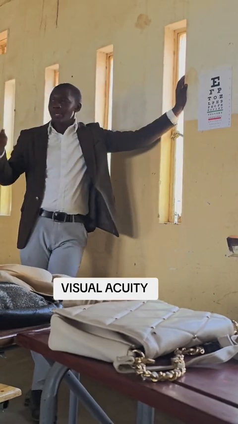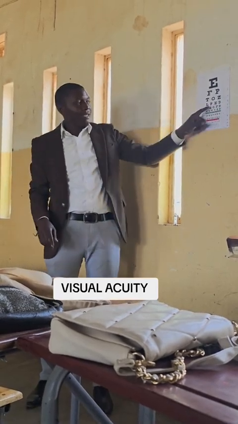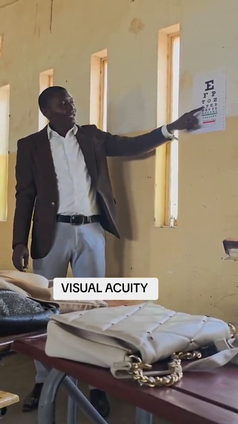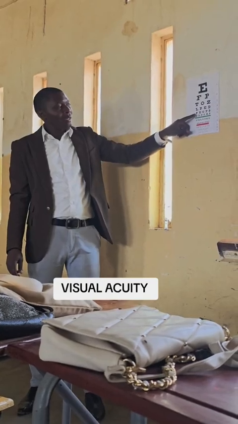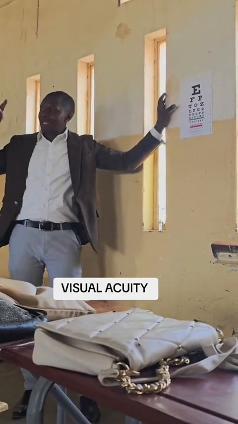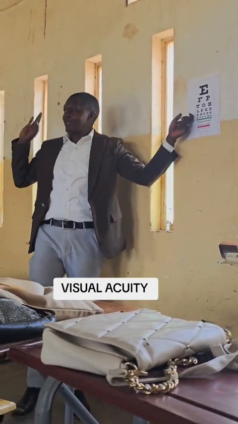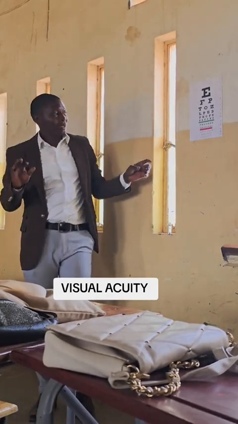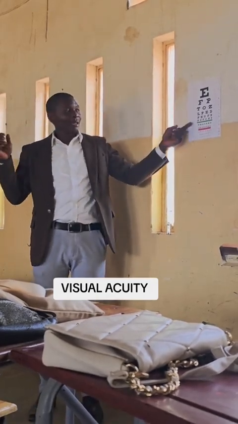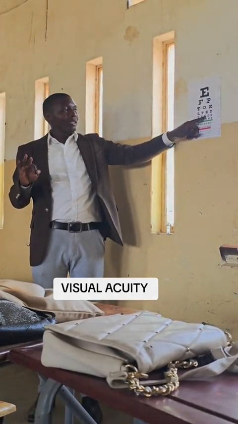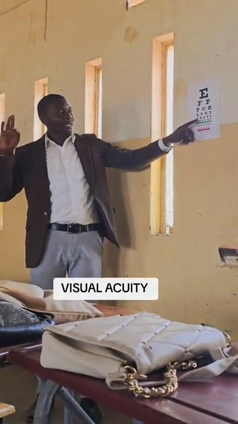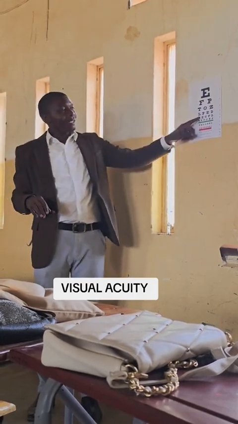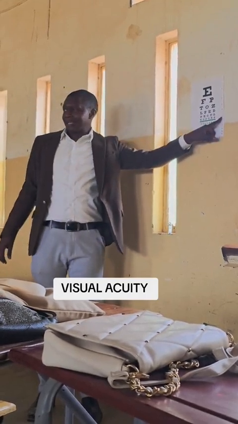Let's say, for example, in line 5 there are letters P, E, C, F, and D. So let's say the patient is able to read P, E, and C. Those are 3 letters in this particular line 5. Because the patient is able to read 3 letters, first of all, we'll start with 3 letters. If the patient is able to read the 3 letters, your recording is going to be 5/6.